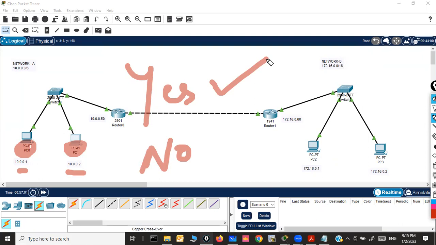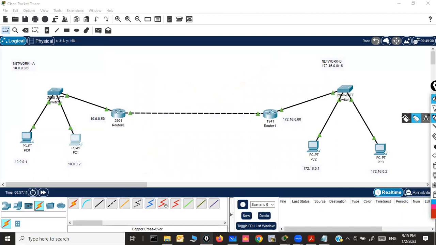Because a gateway address is required only if the source and destination are not in the same network. Even if you take the example of your personal laptop or desktop connected with the internet, yes, a gateway is required.